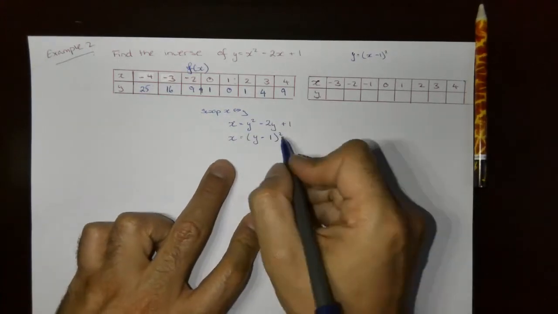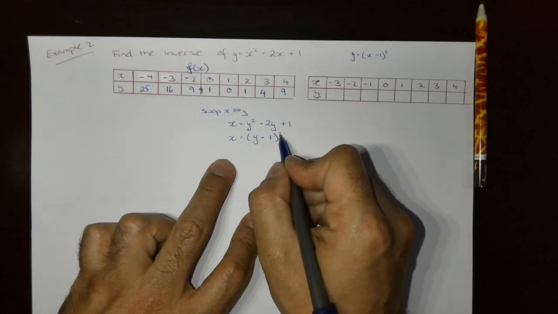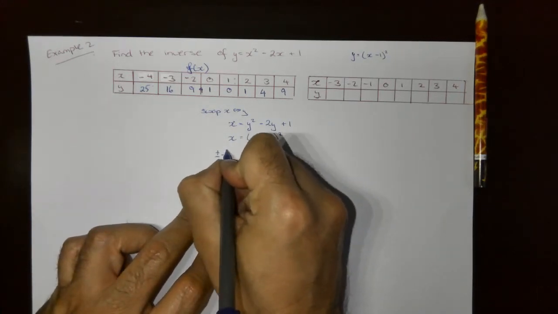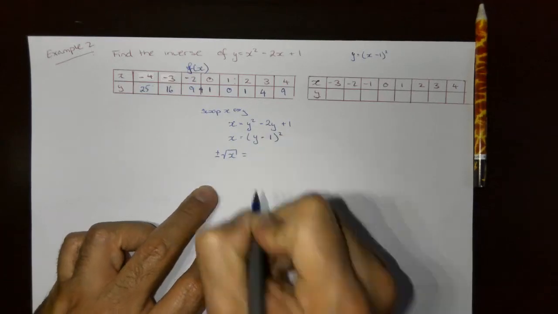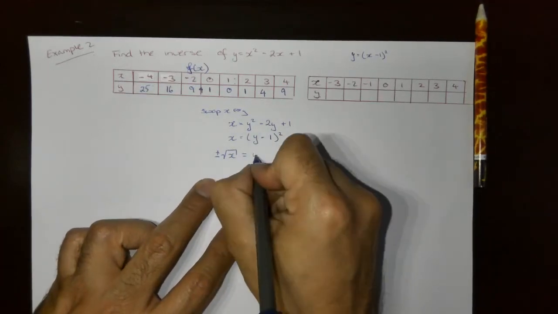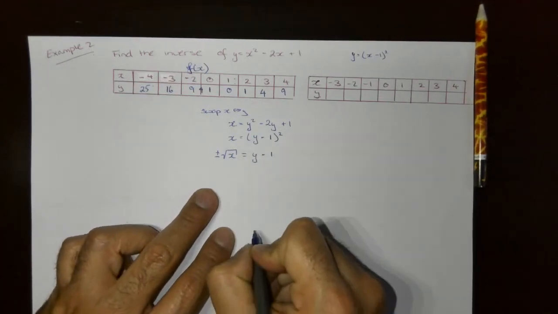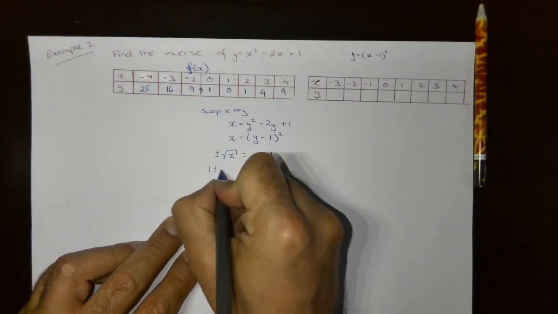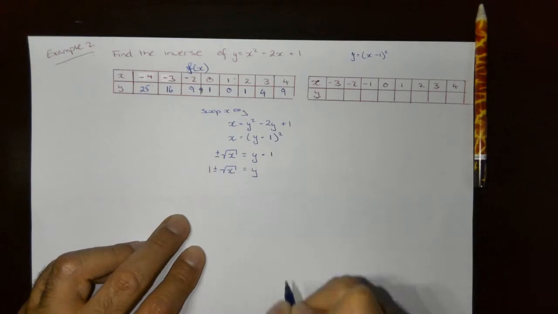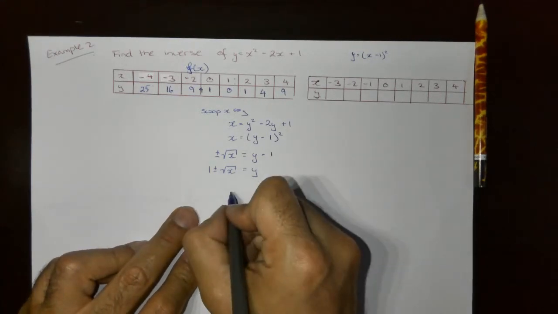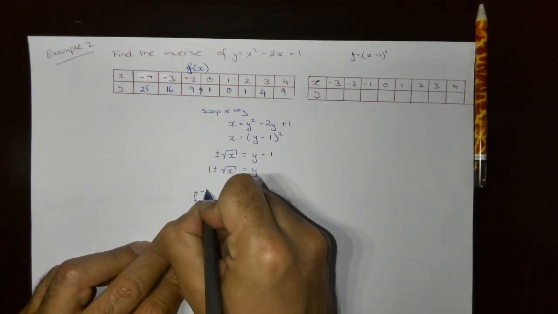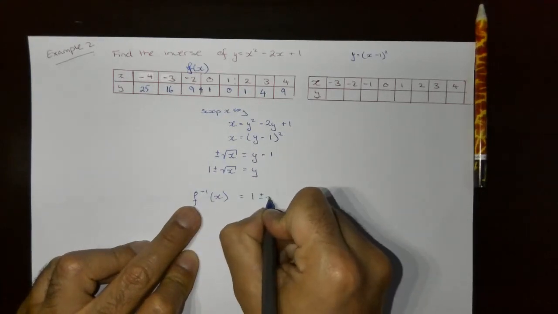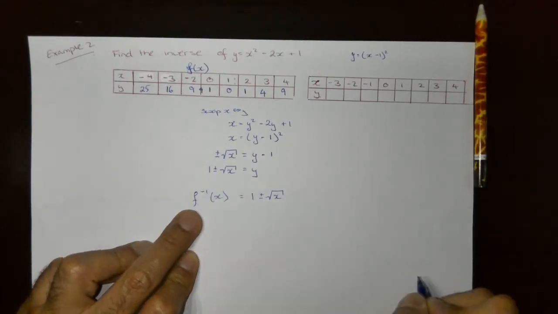Now, the opposite of a square is obviously the square root, so that's plus or minus square root of x. Making y the subject, we have 1 plus or minus square root x. So the inverse of the function is 1 plus or minus square root x.